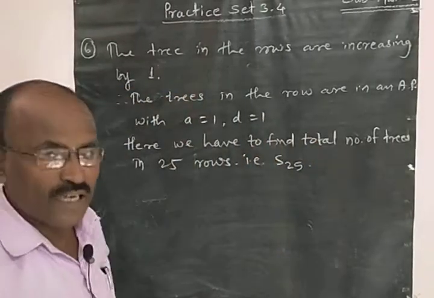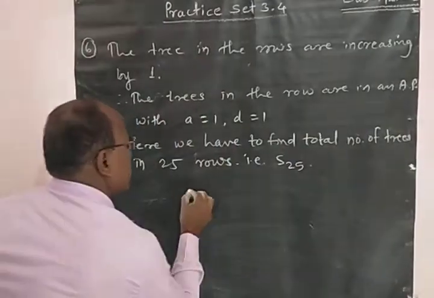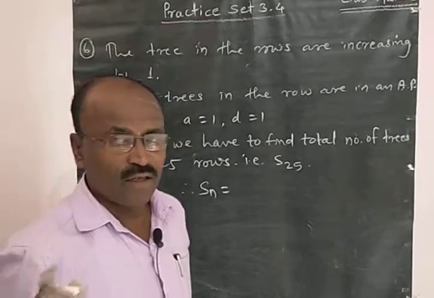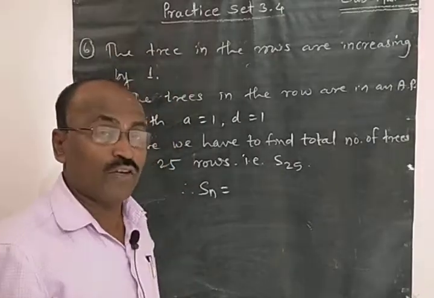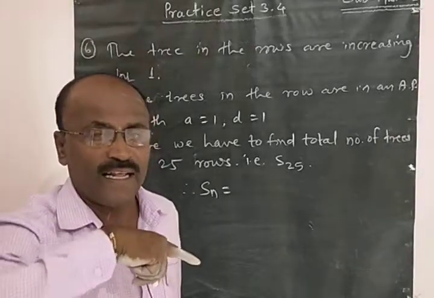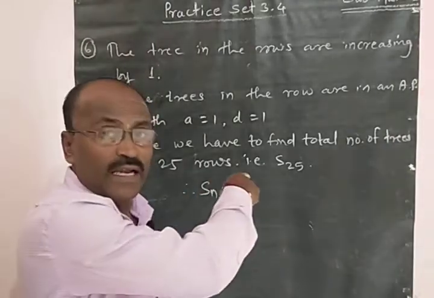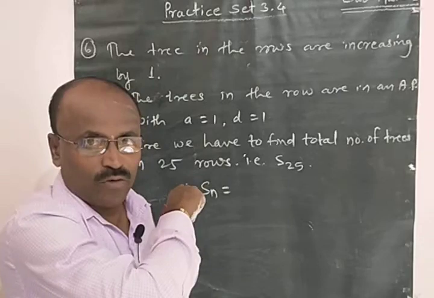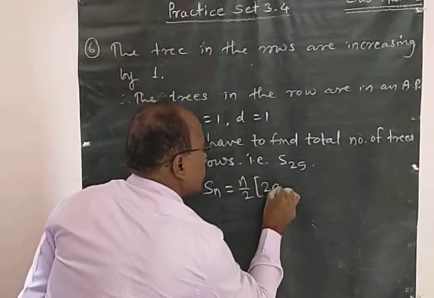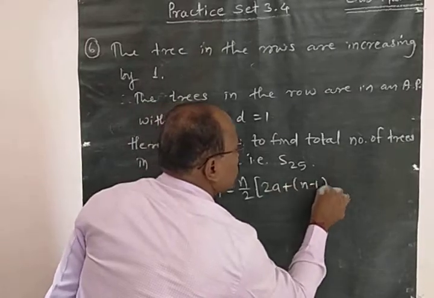So use the SN formula. Therefore, SN is equal to total number of trees. Total trees काढायचं म्हणून S25 काढायचं आहे. So number of trees in the 25th row काढायचं असेल तर काय काढावं लागणार आपल्याला? T25 काढावं लागतं. Okay. So SN is equal to N by 2 into 2A plus N minus 1 into D.